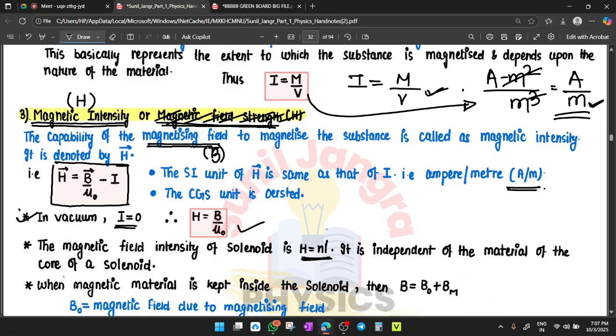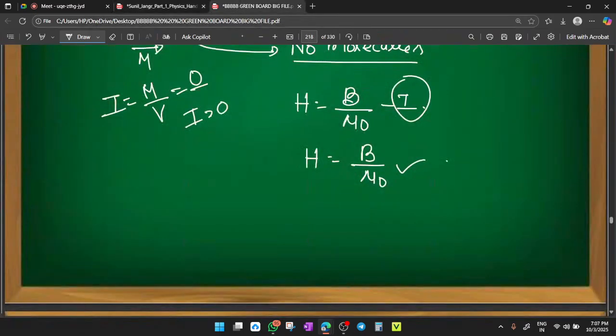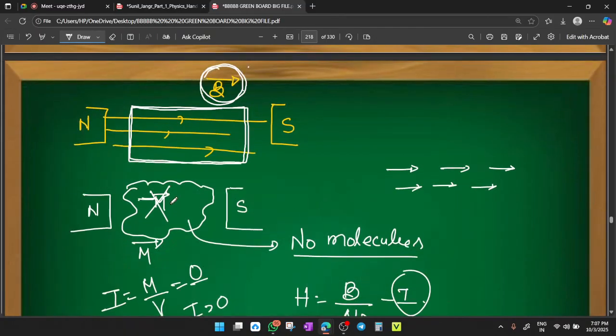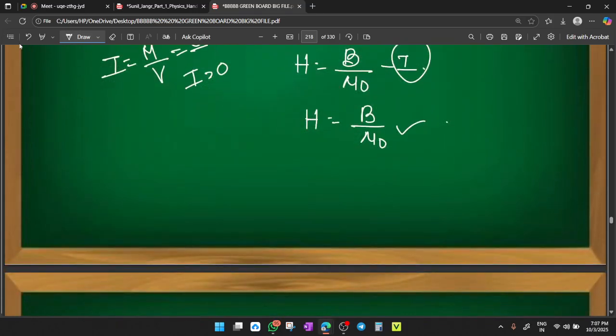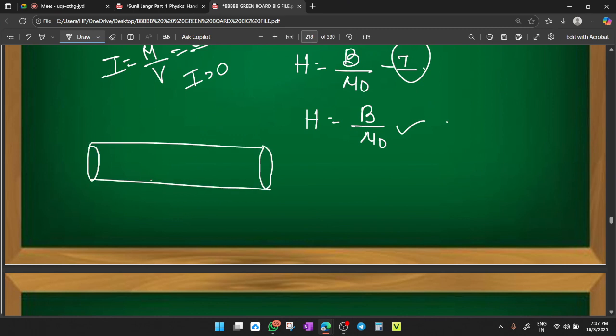This is another formula, applicable when the source is current. The source of magnetism are the external poles, north and south. But in the case of a solenoid, you must know what happens when there is a solenoid.